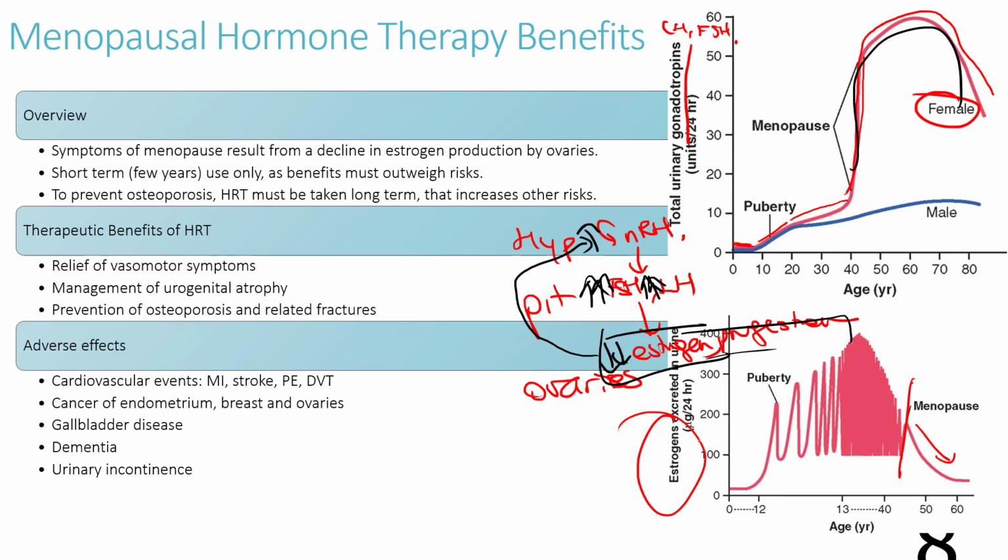All right, and then the second graph down below is the level of estrogen. So again, before puberty, there's hardly anything, and then during puberty, you've got these surges, right, over a 12-month period between ages 12 and 13. And then it kind of stabilizes.